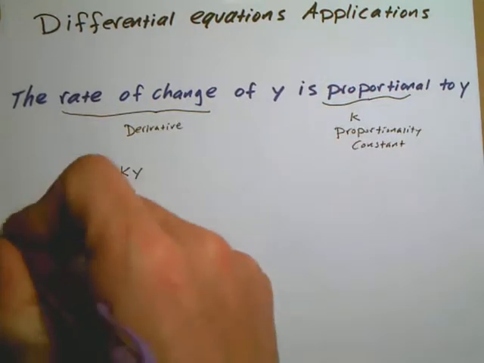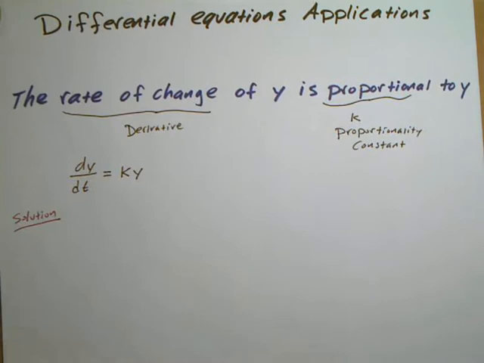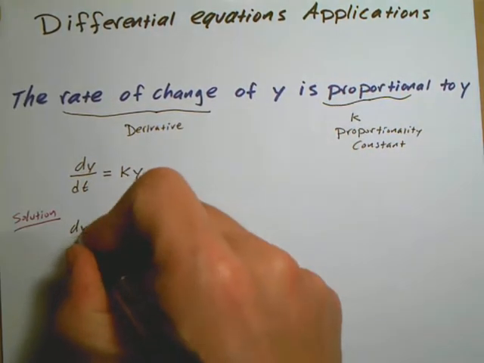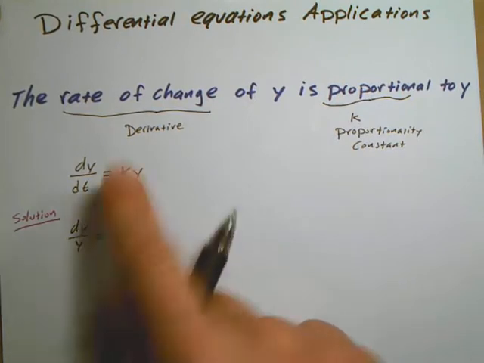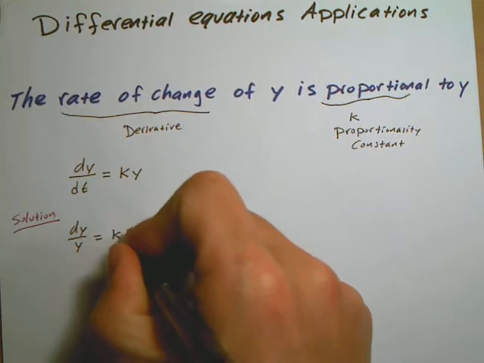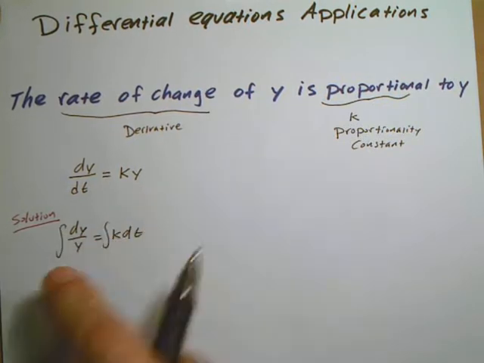So if I try to find the solution to this, I do a separation of variables. So I'm going to go ahead and divide over the y, so dy over y. I'm going to leave this k, this constant, over here on the right side, and it's going to be k times dt. And I go ahead and integrate both sides.